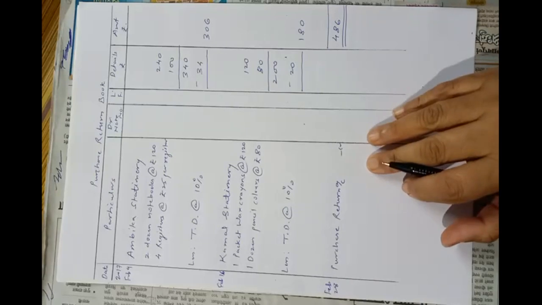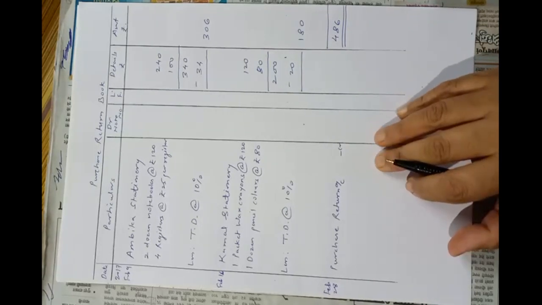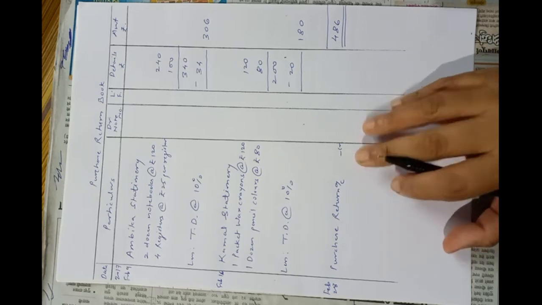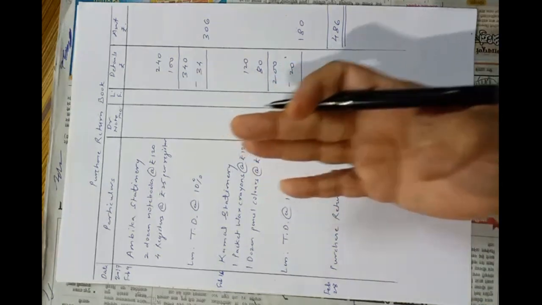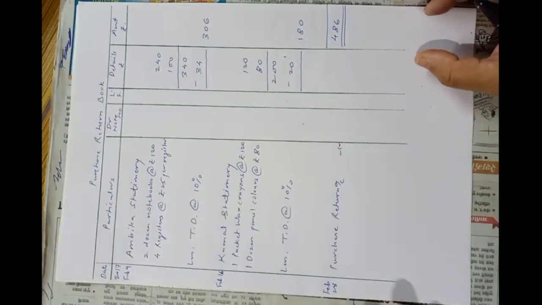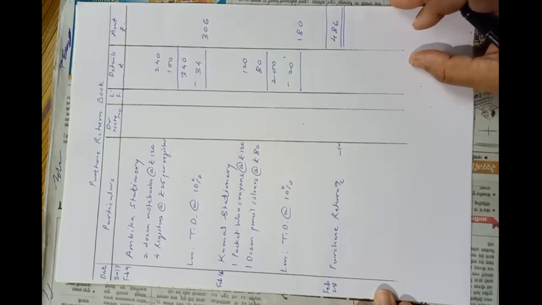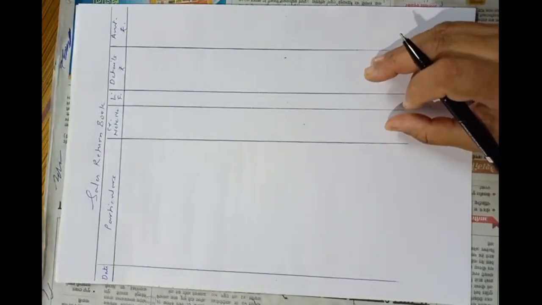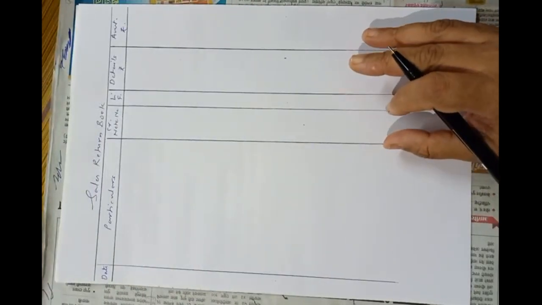In journal entry we always credit purchase return account and debit parties account, because we are returning goods to them, the parties are the receivers. So parties accounts debit and purchase return account credit. This is the concept.